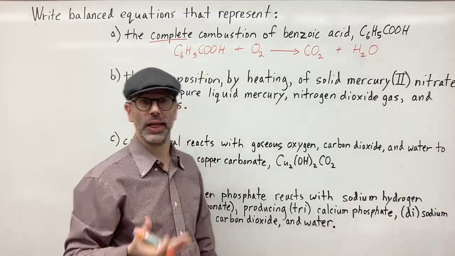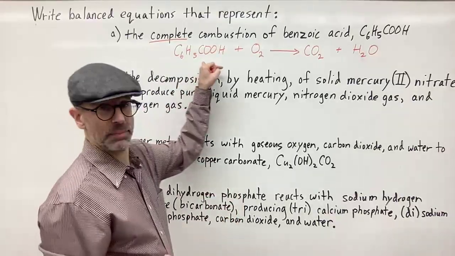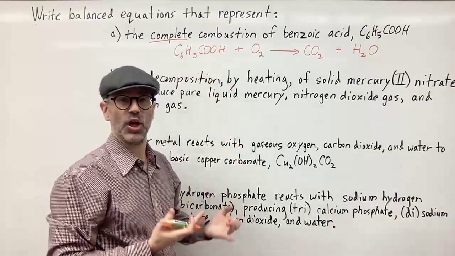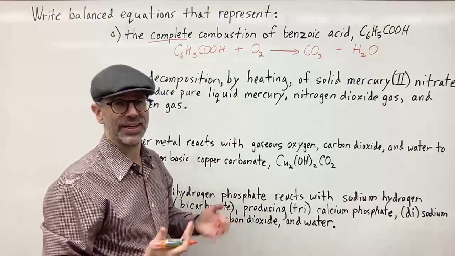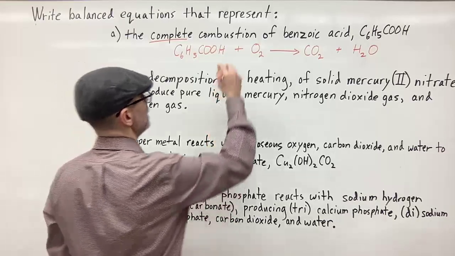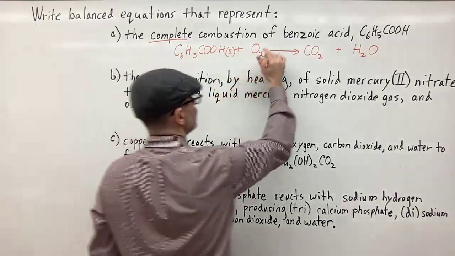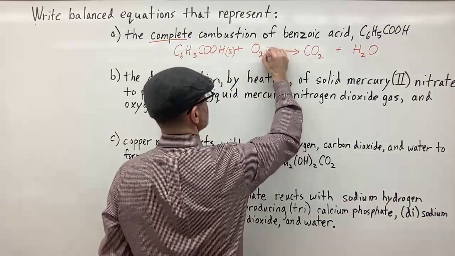You're not going to burn a liquid normally. This is benzoic acid. If it was in water, it would be aqueous, but you're not going to burn it in the aqueous form. So this is going to be a solid. Oxygen is going to be gas.